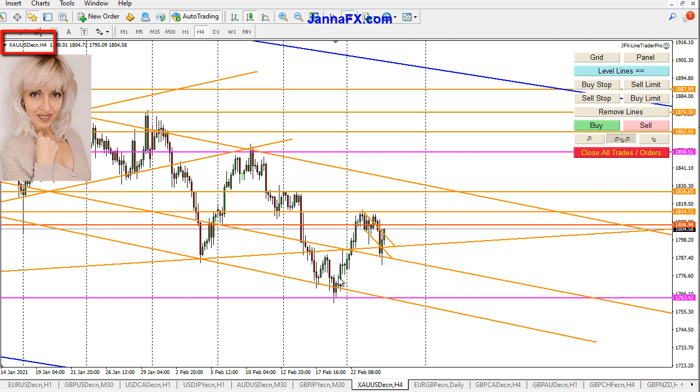This is a possible correction of this movement, and if it's had enough, then of course it will possibly continue the way up. At the same time, we are still in a downtrend channel, and this is the down, and this is the correction for the downtrend, right? So that's why it might continue the way up again. So we do have, let's say, two indications that the movement will possibly continue the way up.